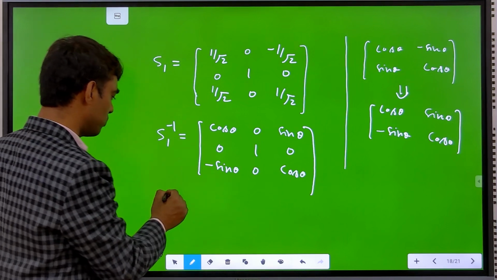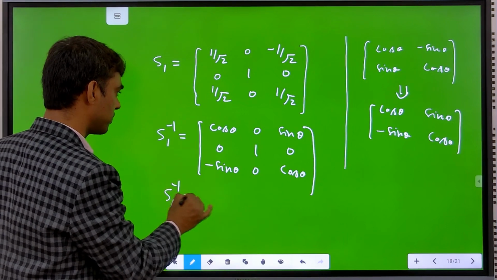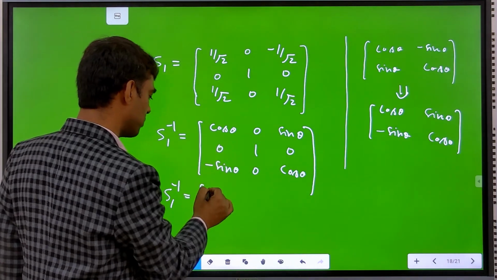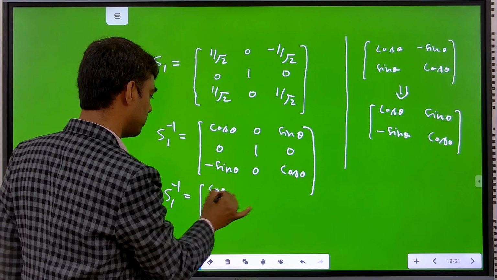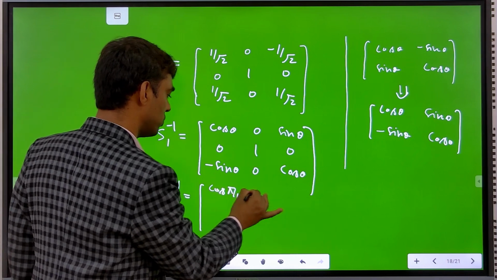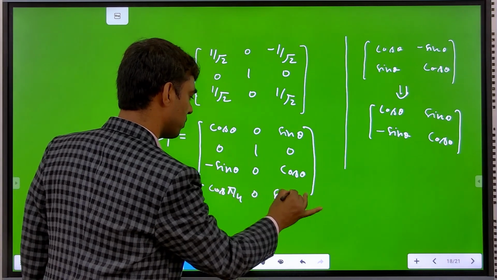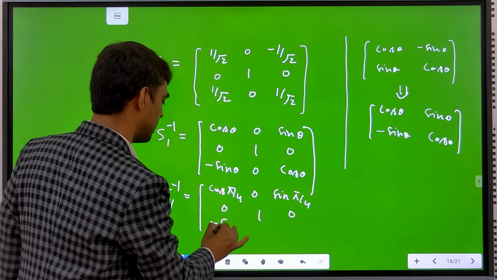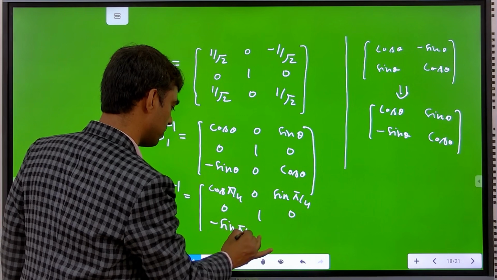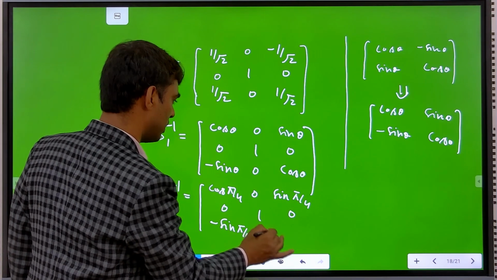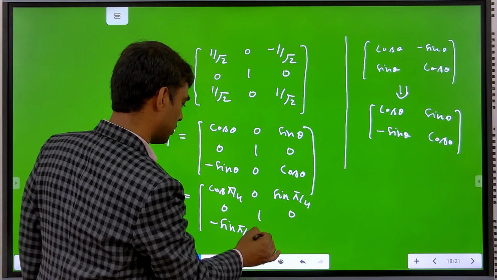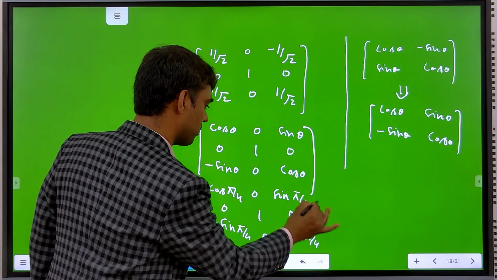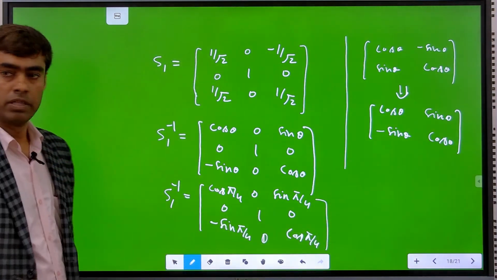So, what is S inverse? Here cos theta becomes cos pi by 4, so cos pi by 4, 0, sin pi by 4, 0, 1, 0, minus sin pi by 4, 0, and this one is cos pi by 4.